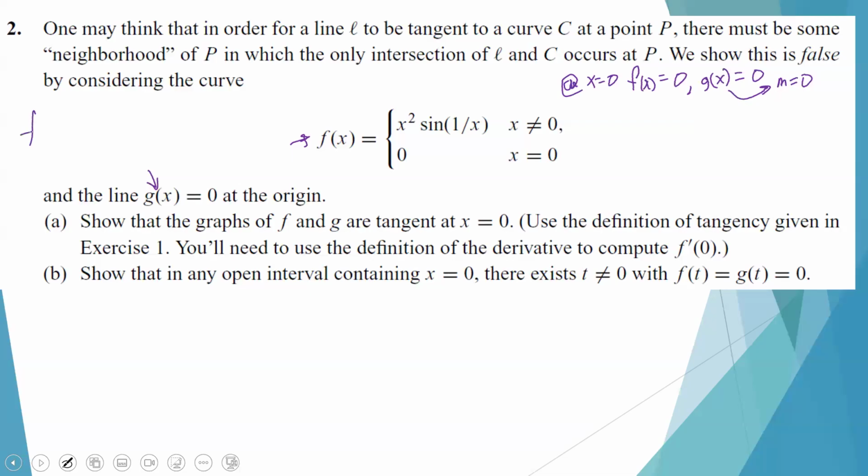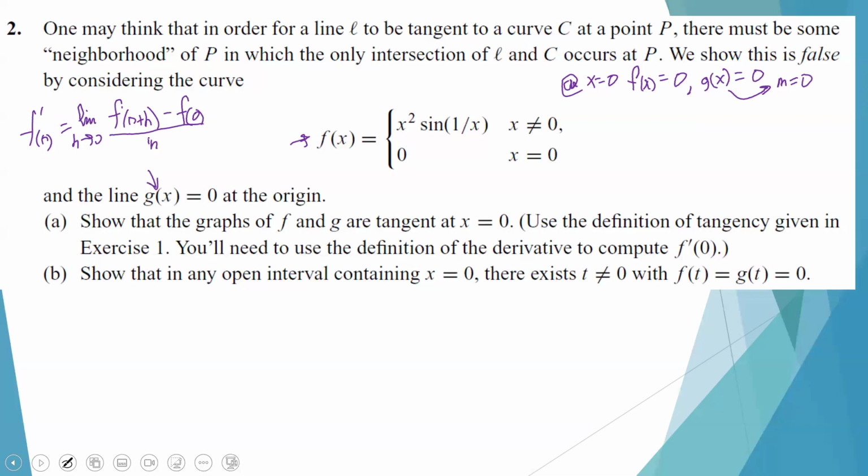In this case, f prime of zero, that's the derivative we're using, is the limit as h approaches zero of f of 0 plus h, minus f of 0, over h.